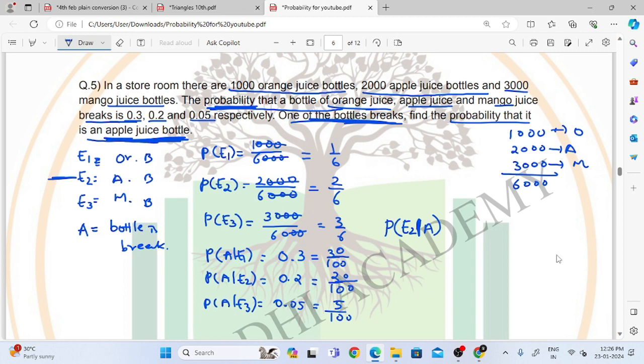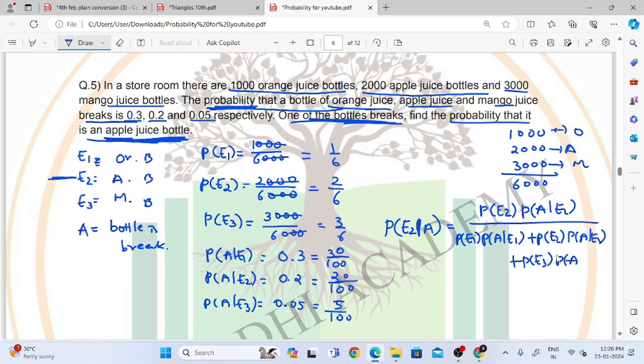So the formula will be P of E2 into P of A given E2, divided by the addition of all three: P of E1 into P of A given E1, plus P of E2 into P of A given E2, plus P of E3 into P of A given E3.